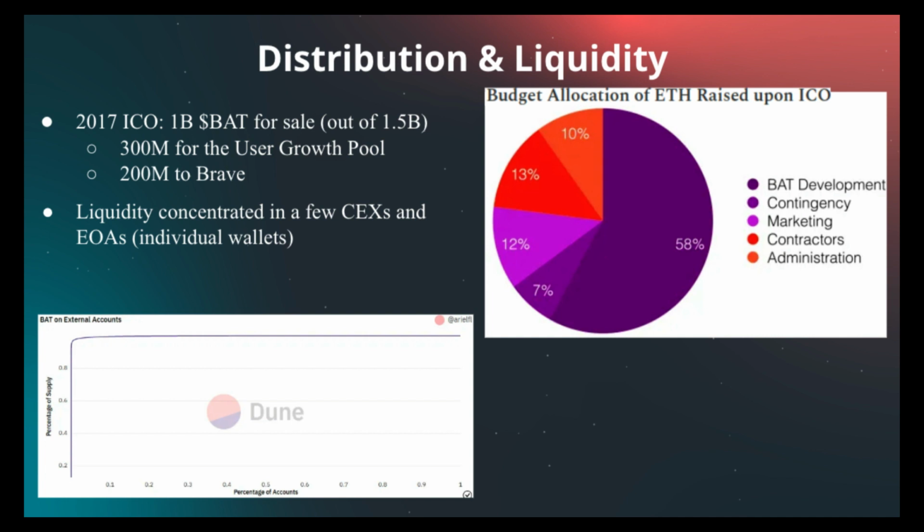That looks like it's almost 90+%? Yeah, I think it's 92. 92. Okay, because it looks like an empty chart at first, you have to understand how to read it. Okay, so 1% of accounts has 92% of all the tokens. Yeah, that's not ideal, right?